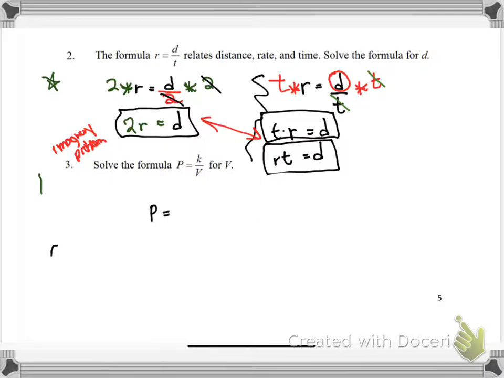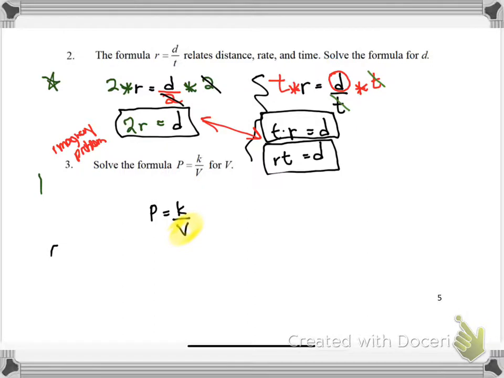So here we have P is equal to K divided by V. Okay, and we want to solve for the volume. So this is a little bit different here because I can't just divide by K. I mean, I could divide both sides by K, but then I still have this V on the bottom.